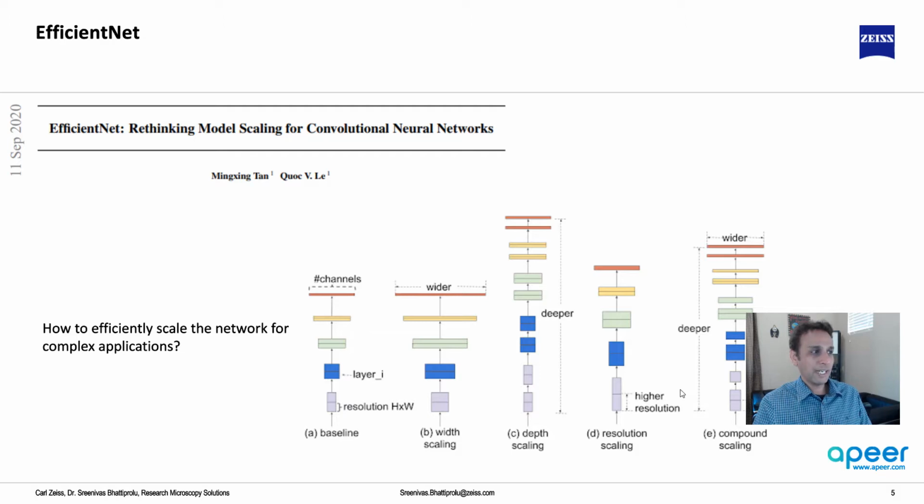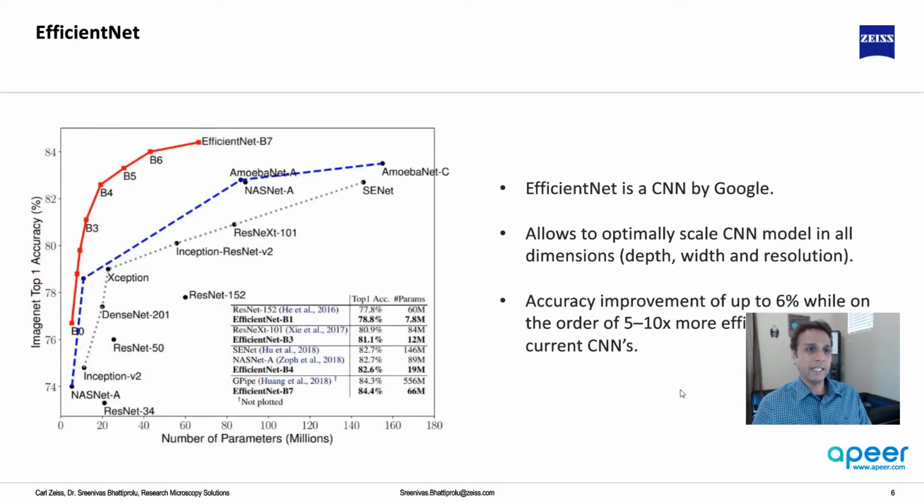And finally, EfficientNet is by Google, and it is designed to optimally scale your convolutional model in all dimensions like depth, width, and resolution. And it has been proven to offer better accuracy and better throughput. Well, it's EfficientNet. So we can use any of these as backbones for our U-Net model.